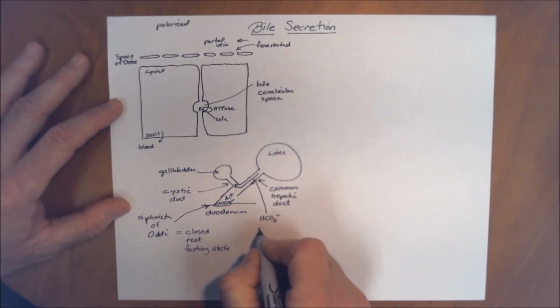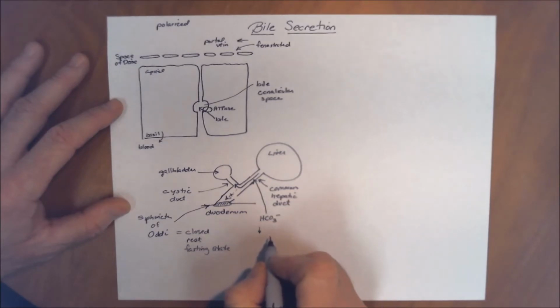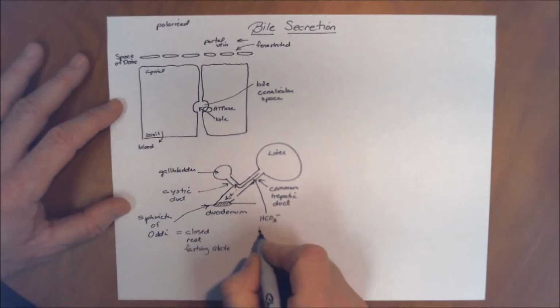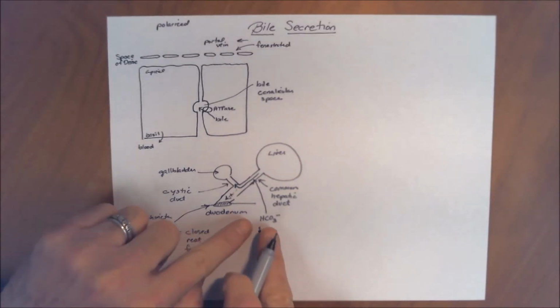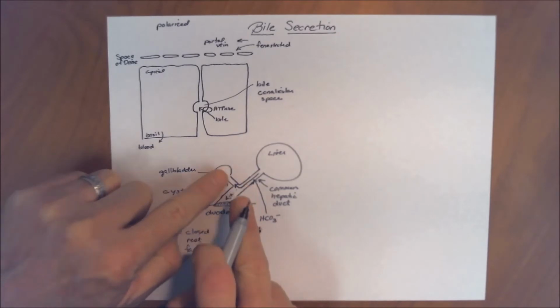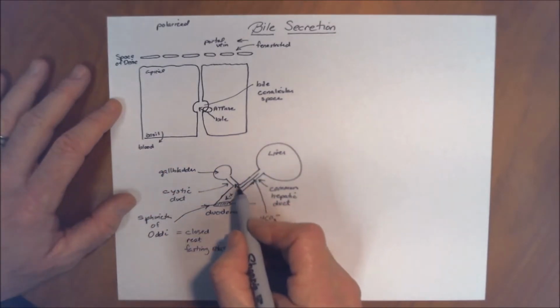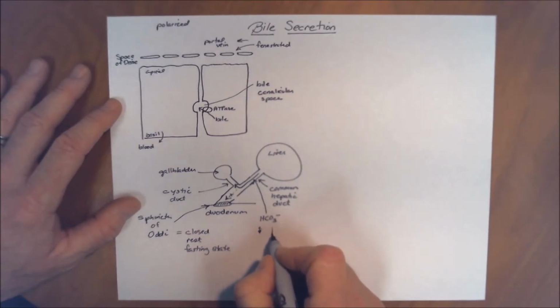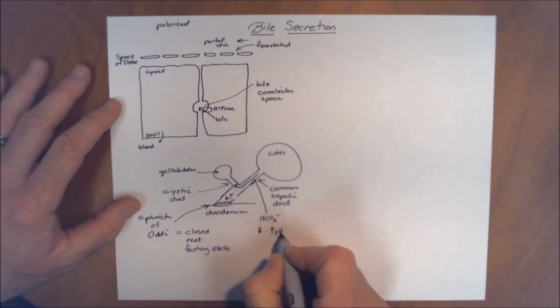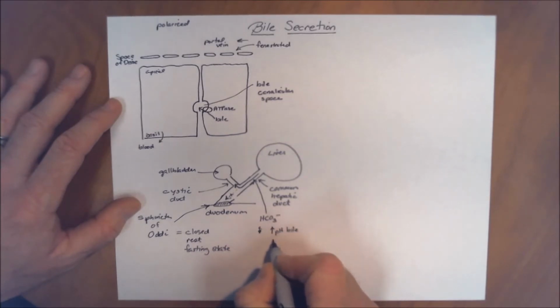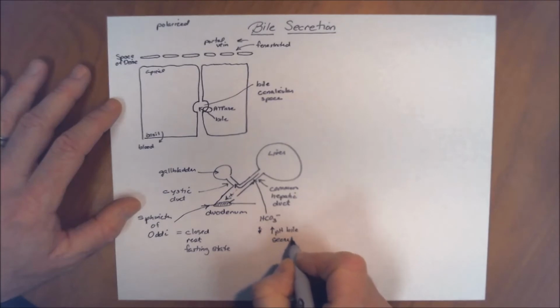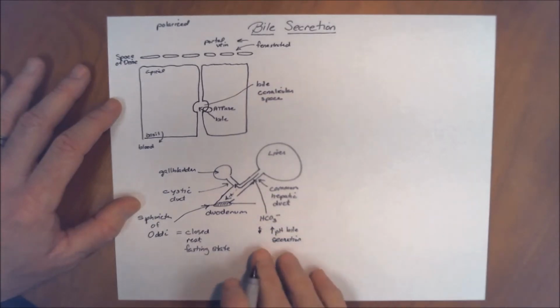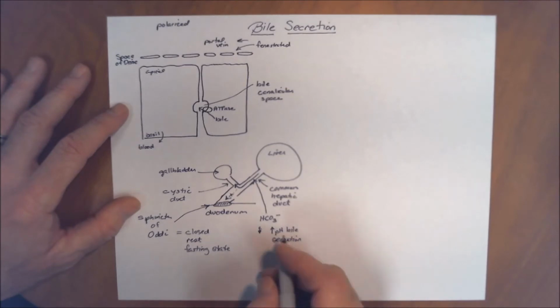We are increasing the bicarb into the duct along with the bile secretions. What we are going to want to do here is to increase the pH of the bile solution, the bile secretion. And what this is going to effectively do is to increase solubility.